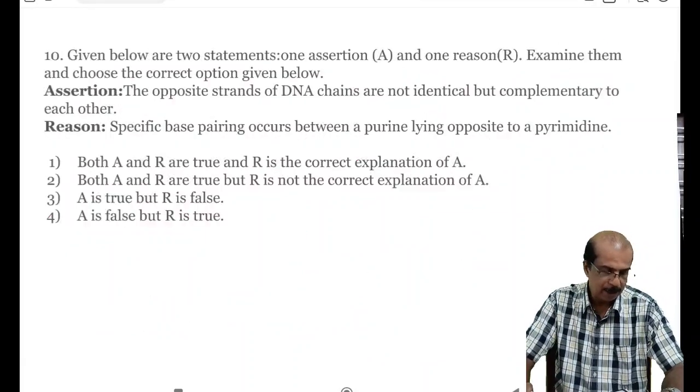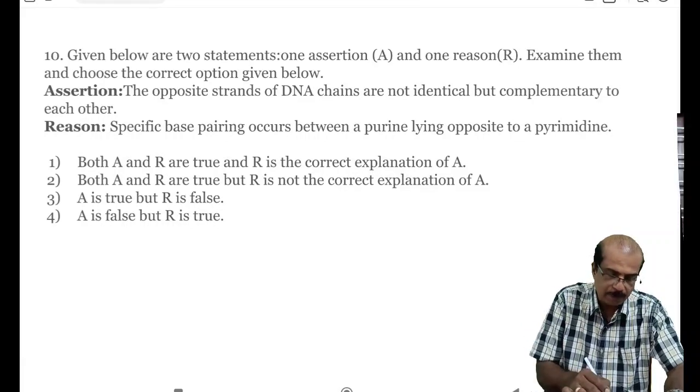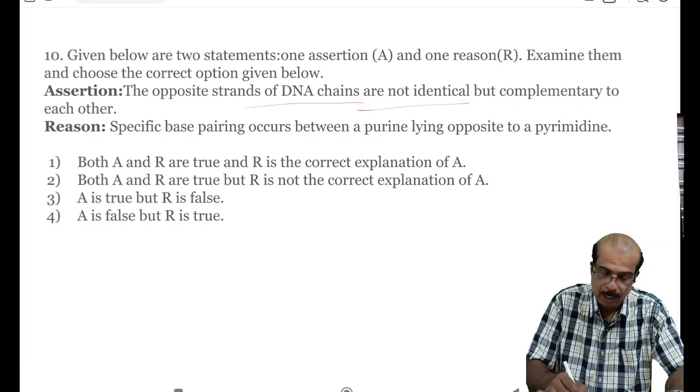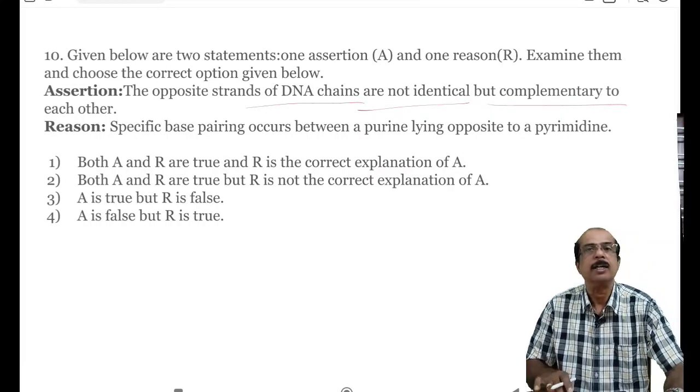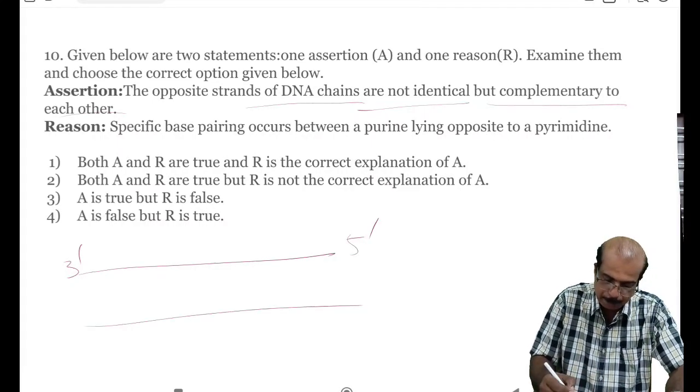Moving to next question, an assertion reason type question. Given below are two statements, one is assertion, the other is reason. Examine them and choose the correct option given below. Assertion: the opposite strands of DNA chains are not identical, but complementary to each other. Let us see. One strand is 3', 5', the other one is 5', 3'.